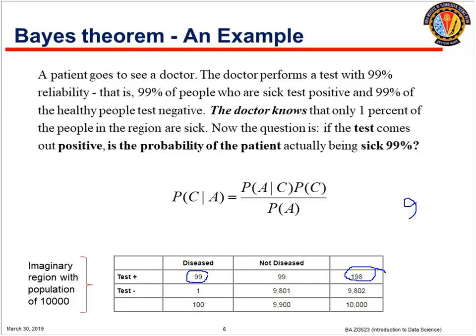If you try to find the probability, it is the favorable condition, the disease: the number of people who have the disease, 99, out of how many tested positive, 198. So out of 198 people who tested positive, 99 have the disease, or you can say the probability of a person having the disease is 99 by 198, which is nothing but 0.5. So you'll get the same answer.